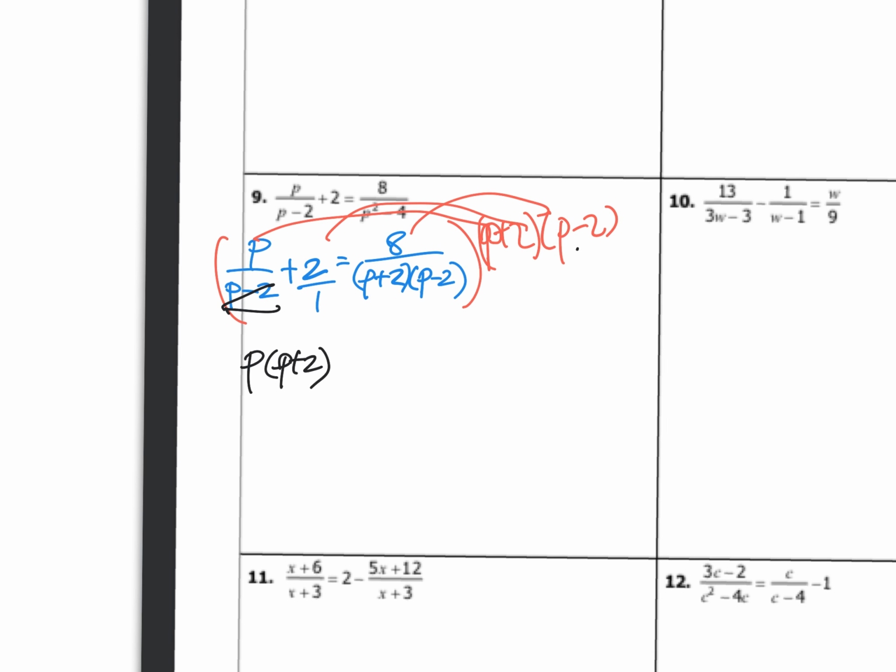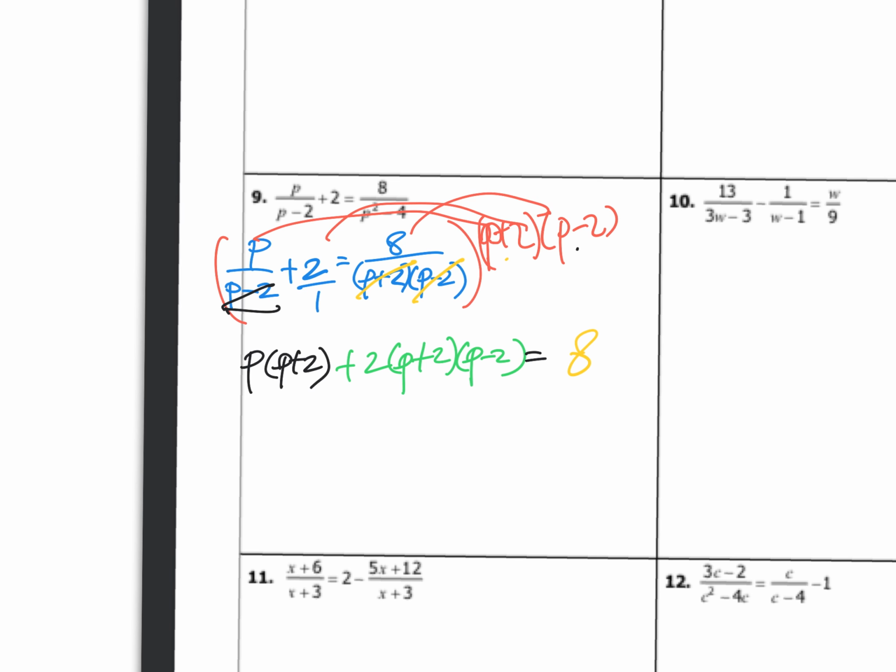So then we are going to have plus 2 times P plus 2, P minus 2. And lastly, we're going to multiply this third term with this. But you should notice that the P plus 2, P minus 2 will cancel out, sorry, divide. So all I'm left with on the right side is an 8.